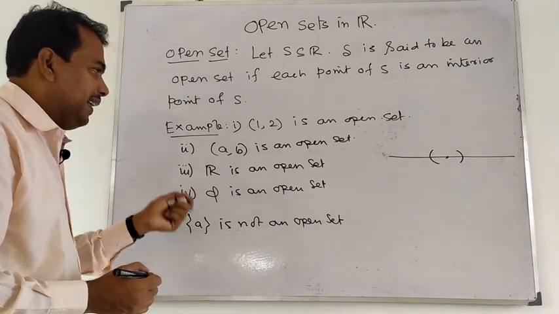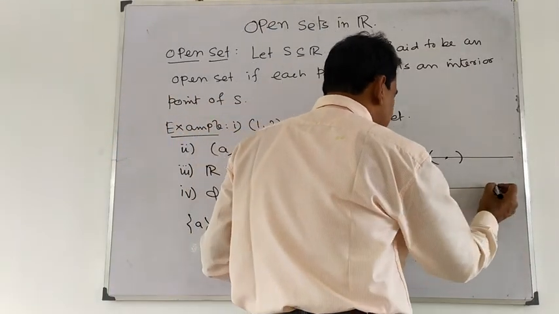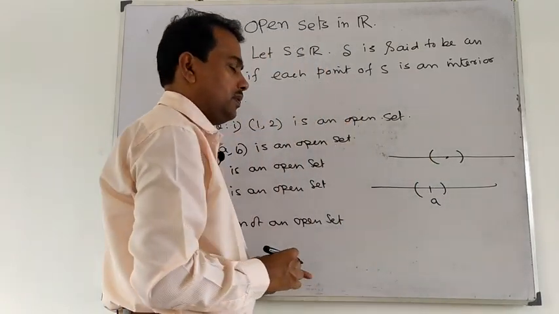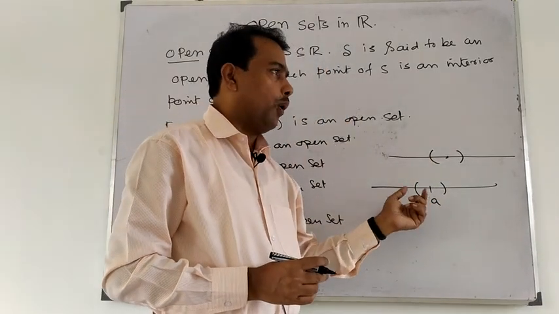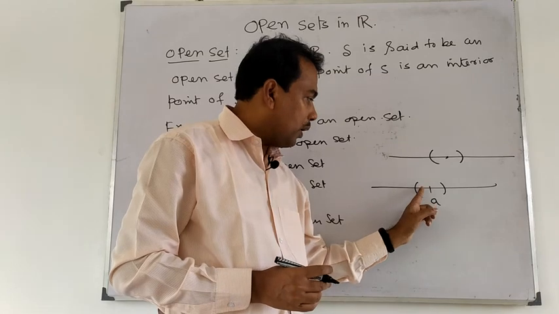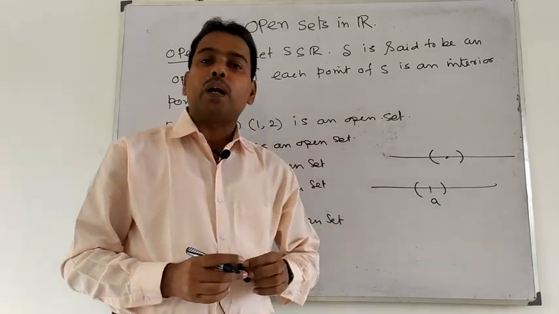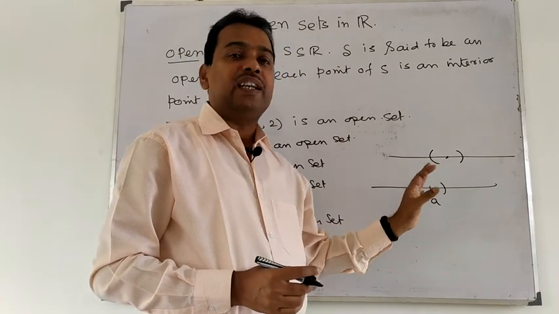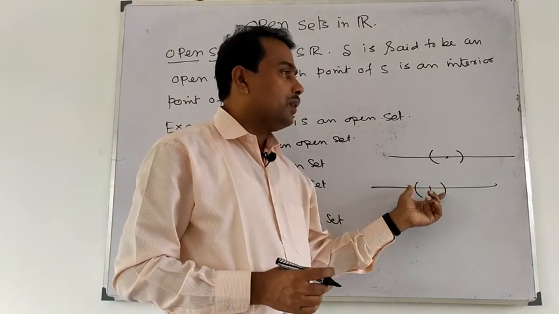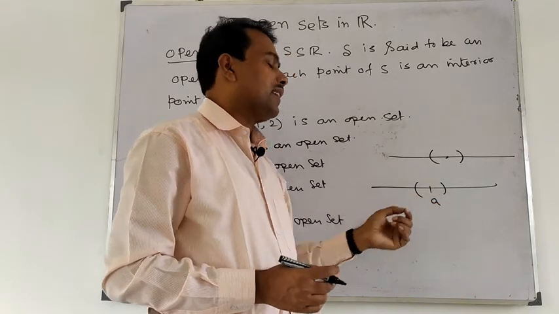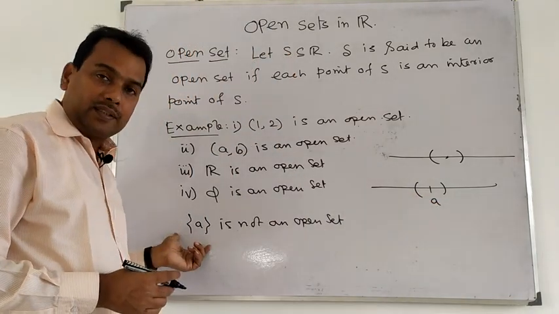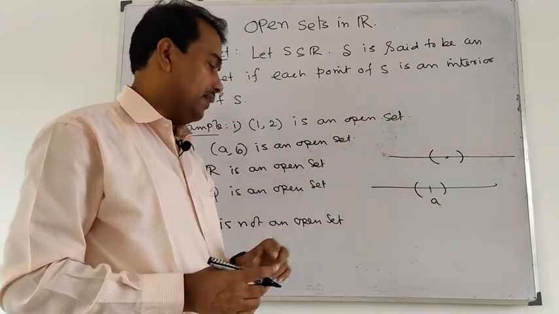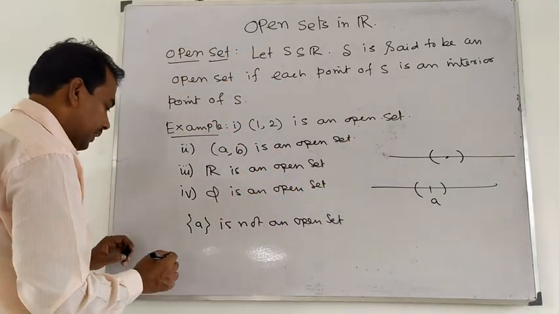If we take any point, suppose this is a, and any neighborhood centered at this point, then this neighborhood contains an infinite number of points which are different from a. So this neighborhood cannot be a subset of this set. So any singleton set is not an open set.